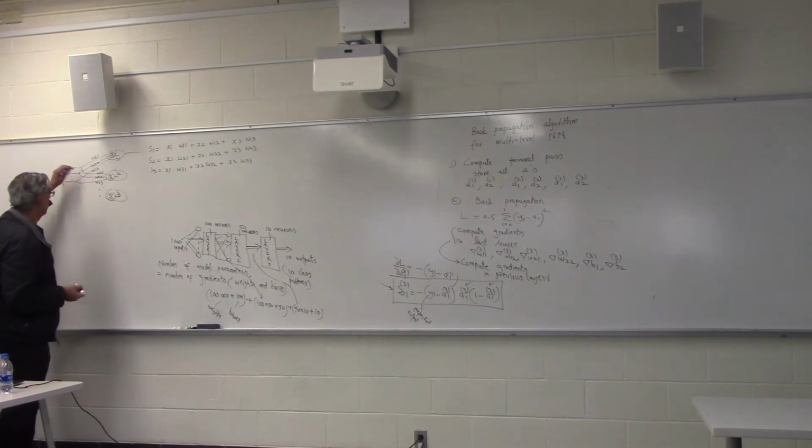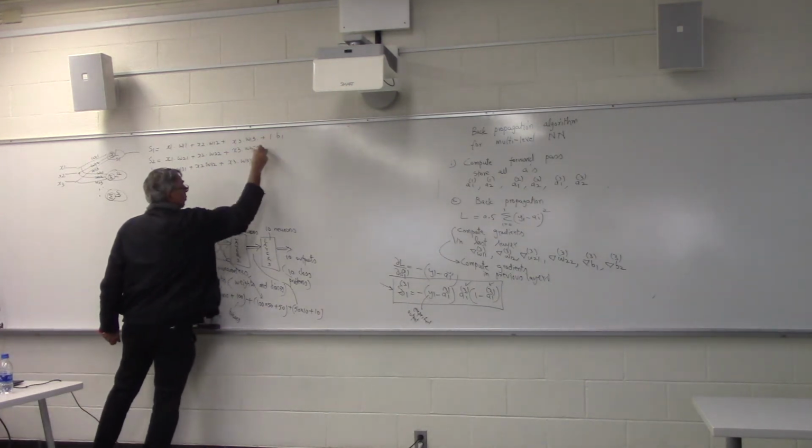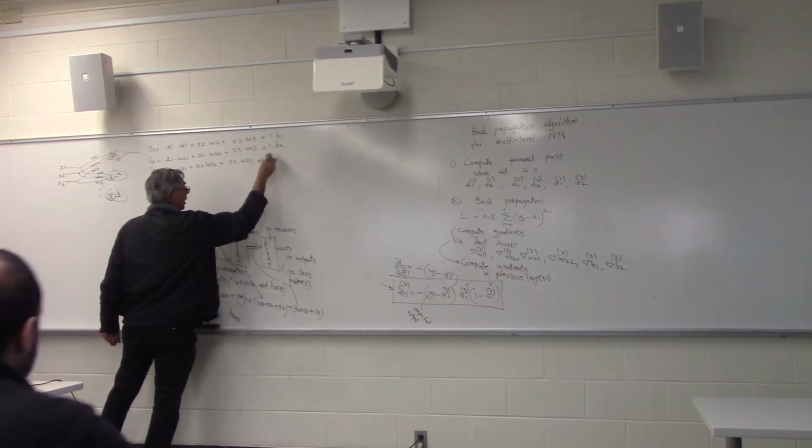And of course the biases: plus 1 times V1, 1 times V2, plus 1 times V3.